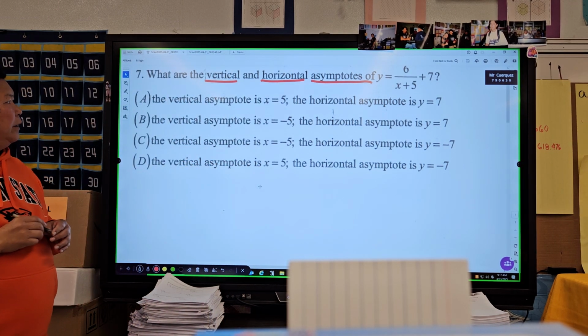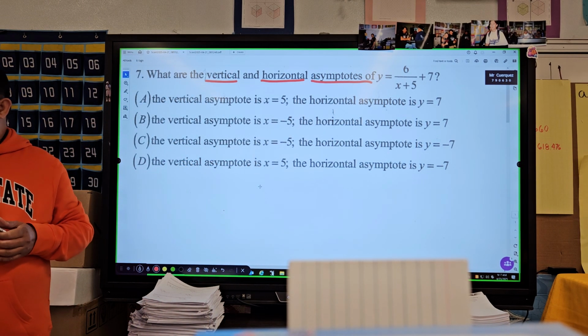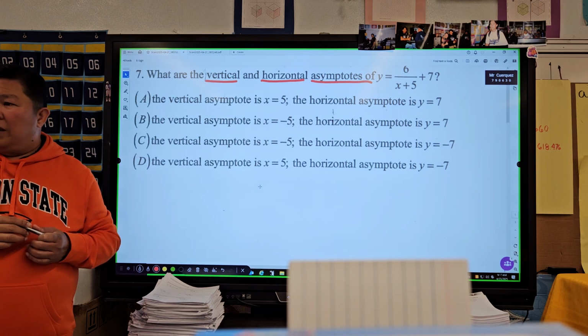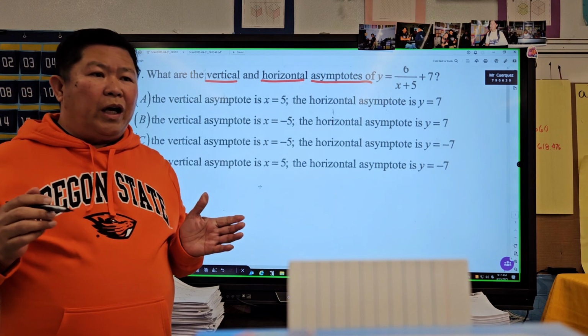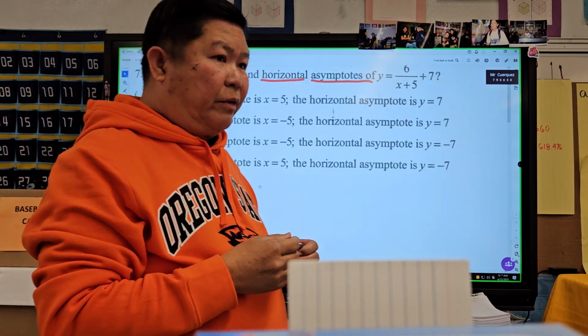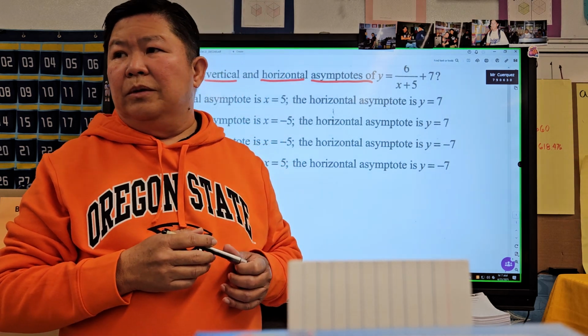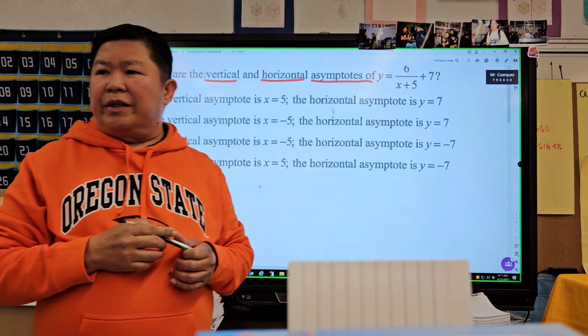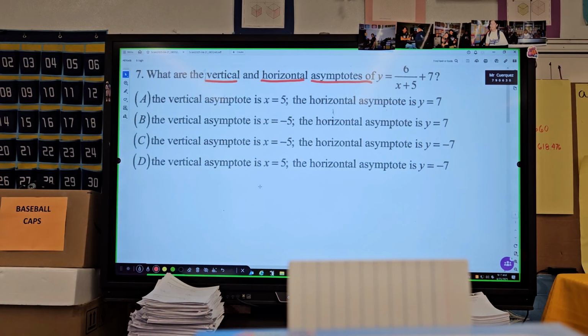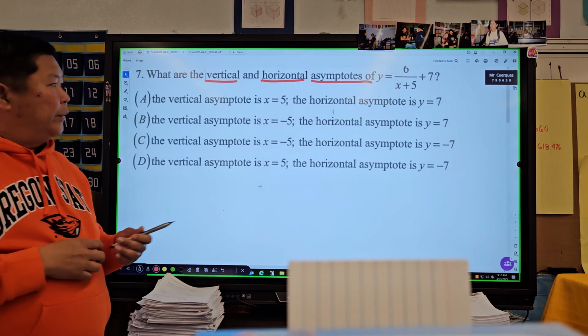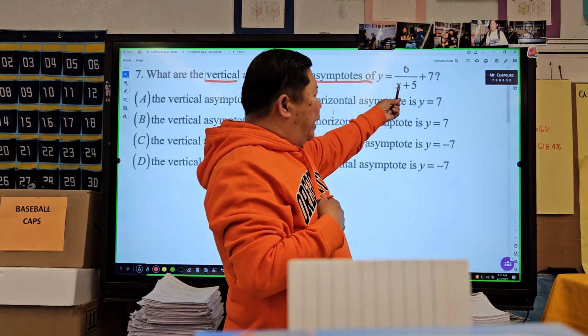Now when we say asymptote, we're gonna have the x domain, right? The domain. So in this case, what must be the value of x that makes the denominator 0? We have the denominator right here, x plus 5.